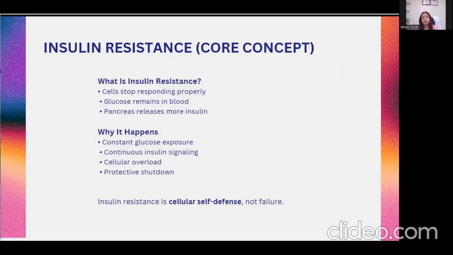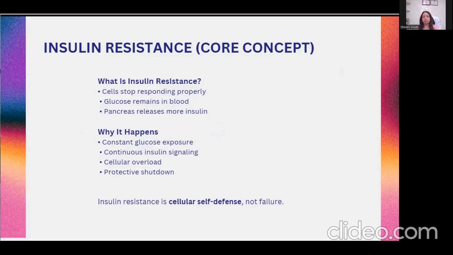So that's why in a diabetic patient, usually we check HbA1c and other parameters, and we check the fasting insulin level also. So what happens? Glucose stays in the bloodstream instead of entering the cells. Seeing this high blood sugar, the pancreas tries to compensate by releasing even more insulin.